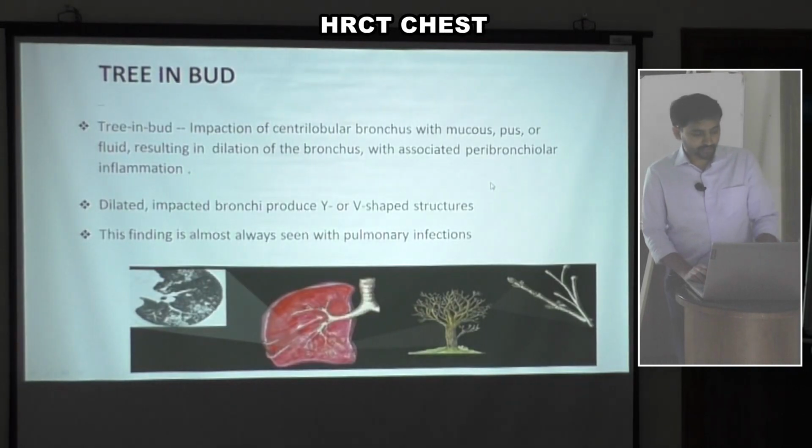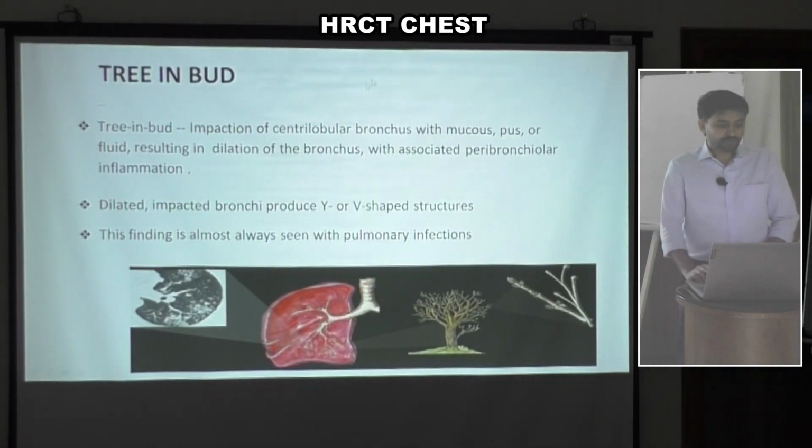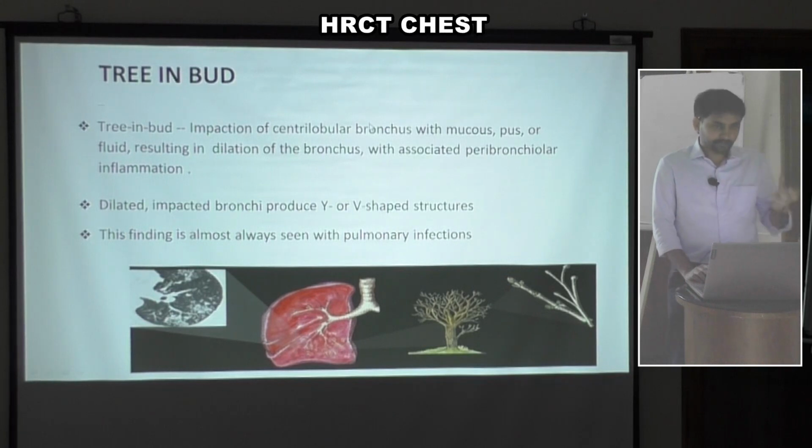One more is the tree in bud appearance. Tree in bud depicts impaction of the centrilobular bronchus, that small bronchus impacted with either mucus, pus or fluid, resulting in dilatation of the bronchus with associated inflammation. These dilated bronchi will appear as V or Y shapes.